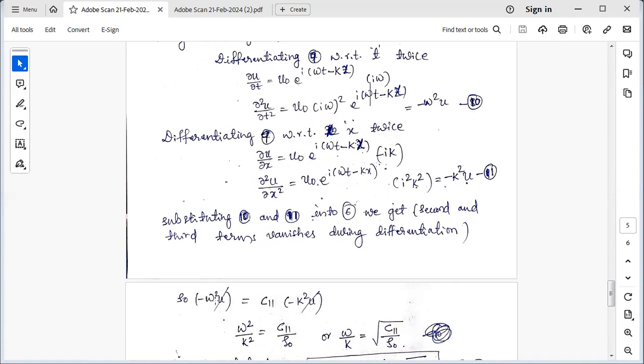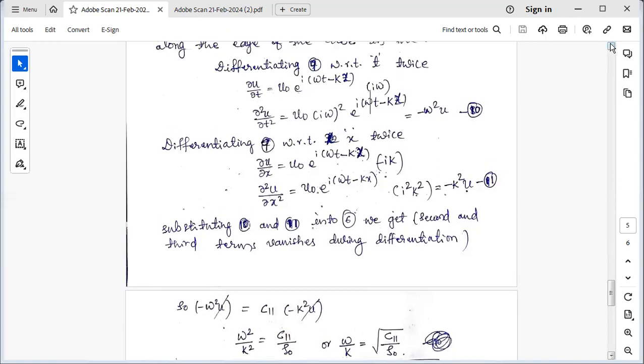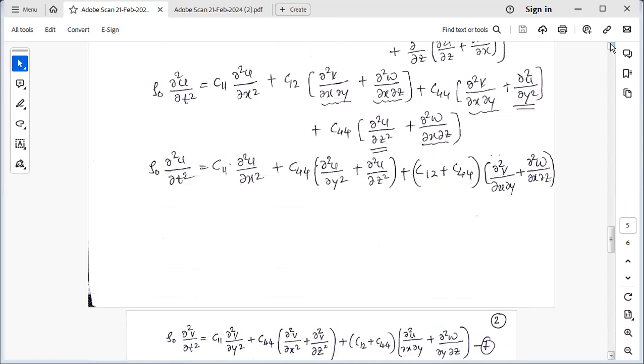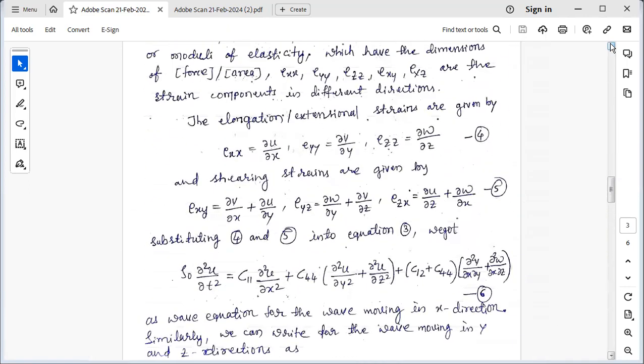You have written minus omega square u is equal to C11 into dou square u by dou x square. I will go to equation number 6. What happens to these two terms?